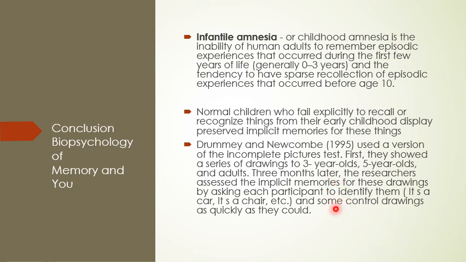They found out that they still improved. After many trials, everyone improved: the 3-year-olds, the 5-year-olds, and the adults. That goes to show implicit memory. But if you ask the 3-year-olds, have you seen this picture before, they would say no, I cannot remember seeing this picture before.